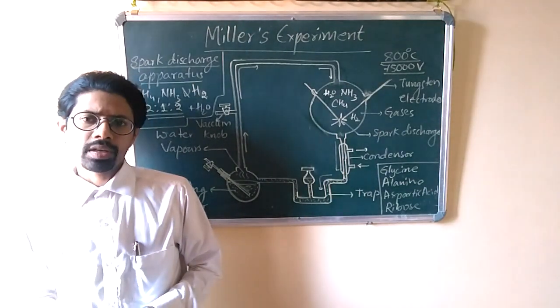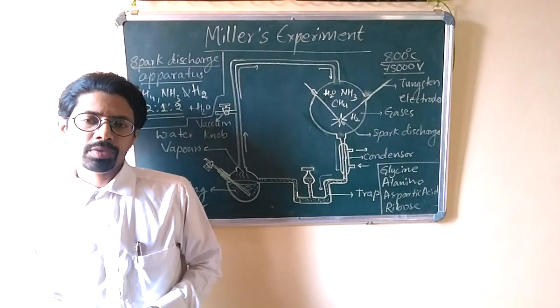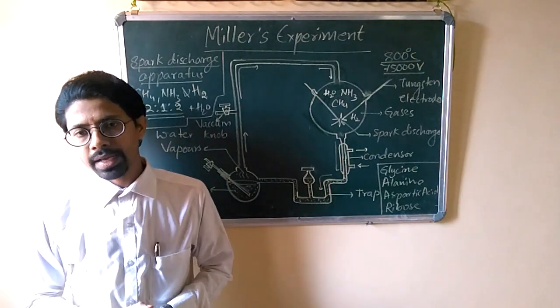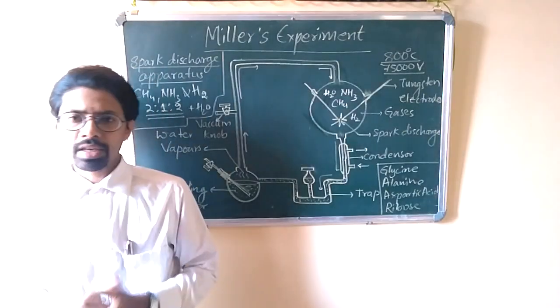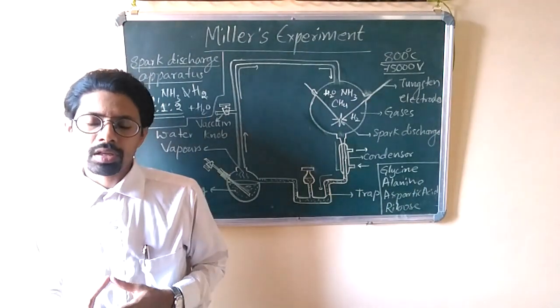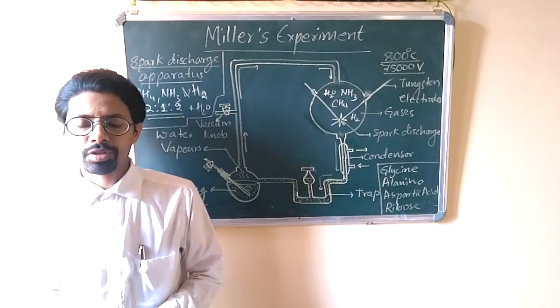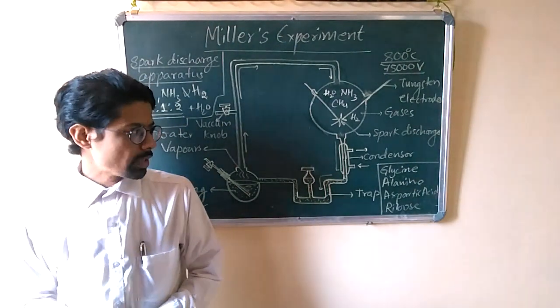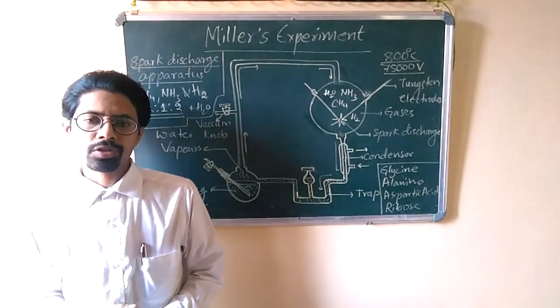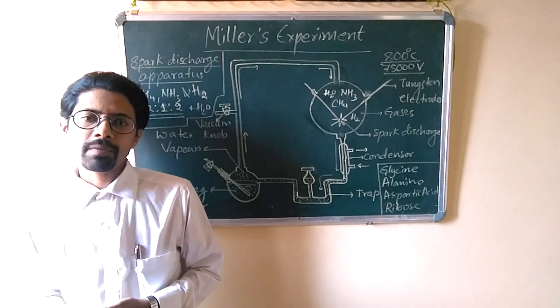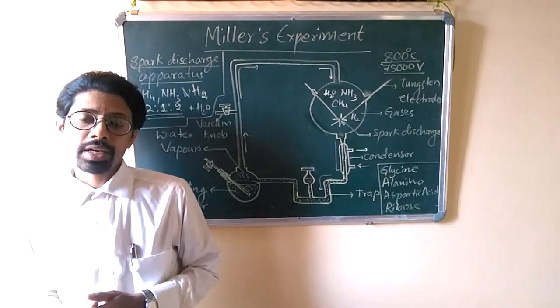They may also sometimes give this diagram and ask for the labelings of this particular diagram, which is given in NCERT. You can remember the same diagram with its labelings, and you can write your examinations in future. I hope you have understood the discussion of Stanley Miller's experiment and the conditions they used.